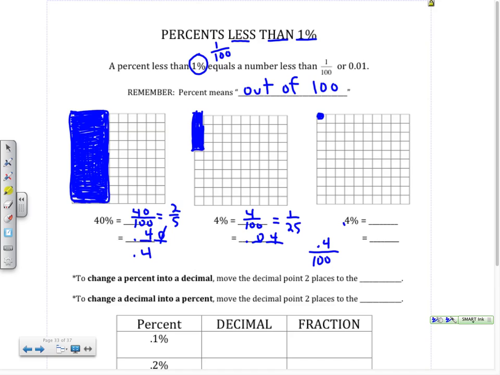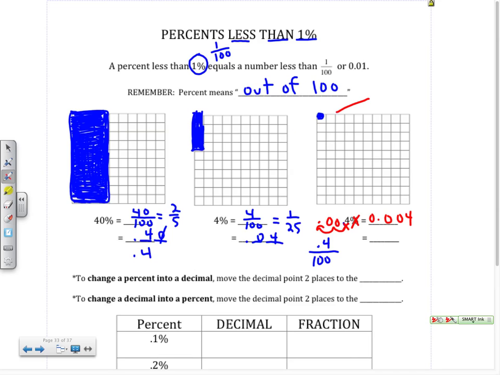Okay, how would I write this as a fraction? Well, I'm going to show you a shortcut. What you do is you take the decimal point and you move it to the left 2 places. 1, 2. Get rid of that old decimal point. Get rid of the percent sign. Add a new decimal point and 2 zeros. So our answer becomes 0 and 4 thousandths.